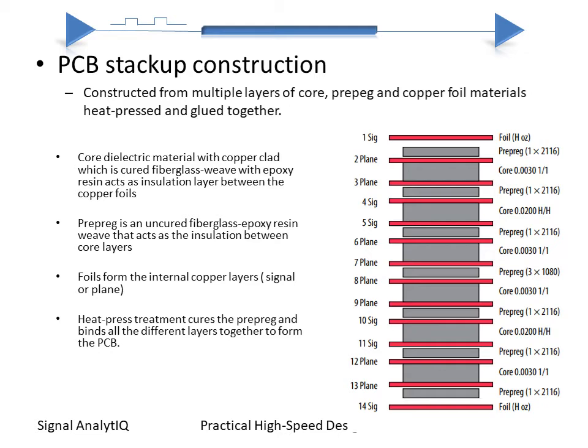And the foils form the internal copper layers, where signals and planes are. And finally, it is the heat press treatment that cures the prepreg and binds all the different layers together to form the PCB. So here you are looking at a typical 14-layer stack-up which is symmetrical, and its foil and prepreg definitions are given for signal and plane.